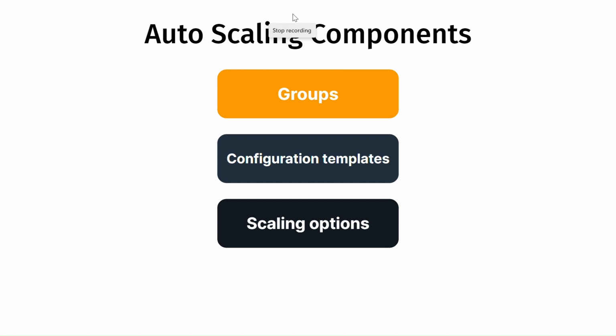Your EC2 instances are organized into groups so that they can be treated as a logical unit for the purpose of scaling and management. Configuration templates. Your group uses a launch template or a launch configuration as a configuration template for its EC2 instances. And scaling options. Amazon EC2 autoscaling provides several ways for you to scale your autoscaling groups. For example, you can configure a group to scale based on the occurrence of specified conditions or on a schedule.